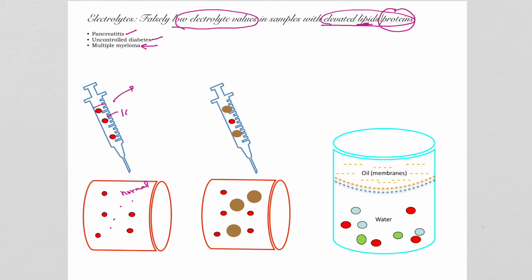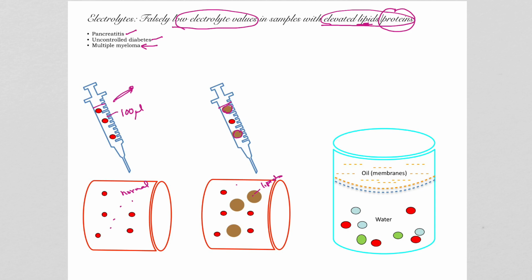So let's say you thought you took 100 microliters, which is fine. That's exactly what goes into the machine, 100 microliters. But electrolytes, when you have a person with very high lipids, for example, or proteins, these electrolytes are not found in the lipid part. But the lipid part is occupying a lot of volume, whether it's a lipid or the protein.